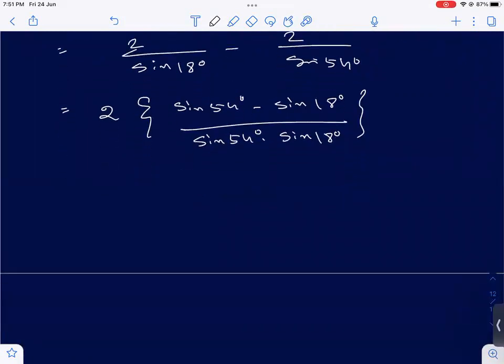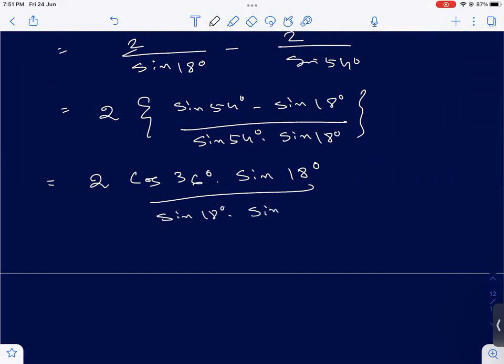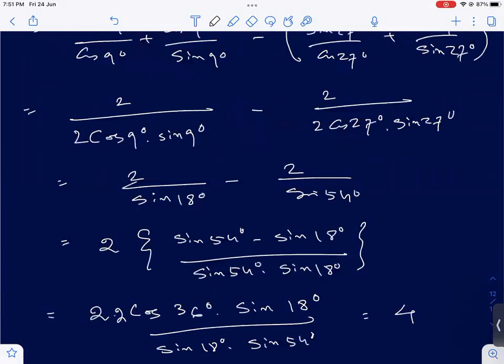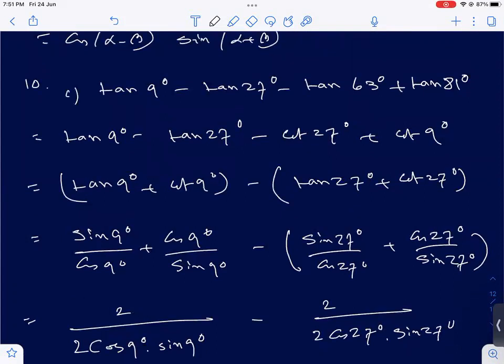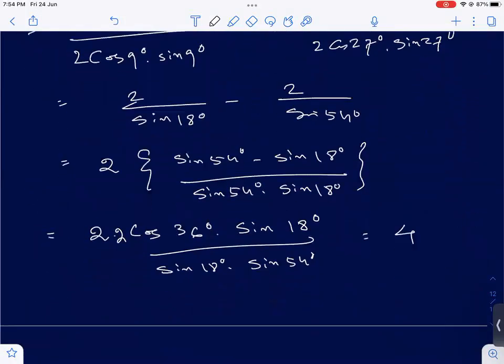Applying sin c minus sin d, which is 2 cos((c + d)/2) sin((c − d)/2), this comes to cos of (54 + 18)/2, that is 36, into sin of (54 − 18)/2, divided by the denominator sin 18 degree, sin 54 degree, and the 2 outside. So all get cancelled. The answer comes to 4, so the answer to sum 10 is option C. Let us go to the next one.